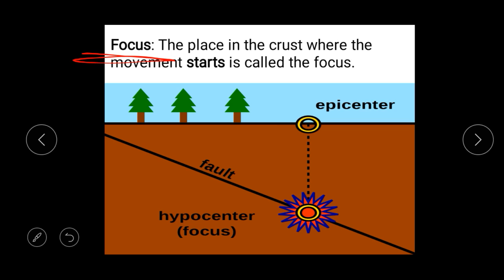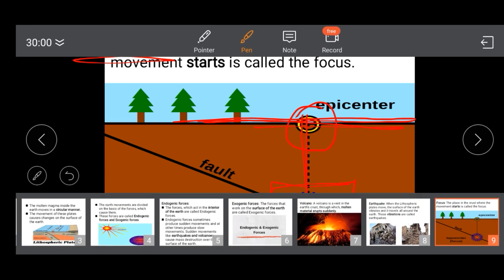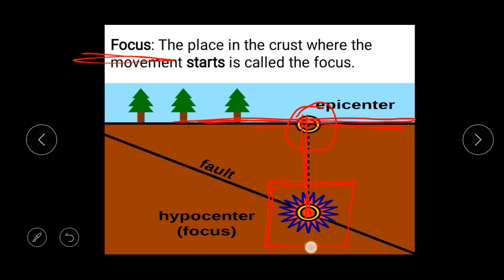The place in the crust where the movement starts is called the focus. The earthquake is caused by the movement of the plates, so where the movement starts is called the focus.